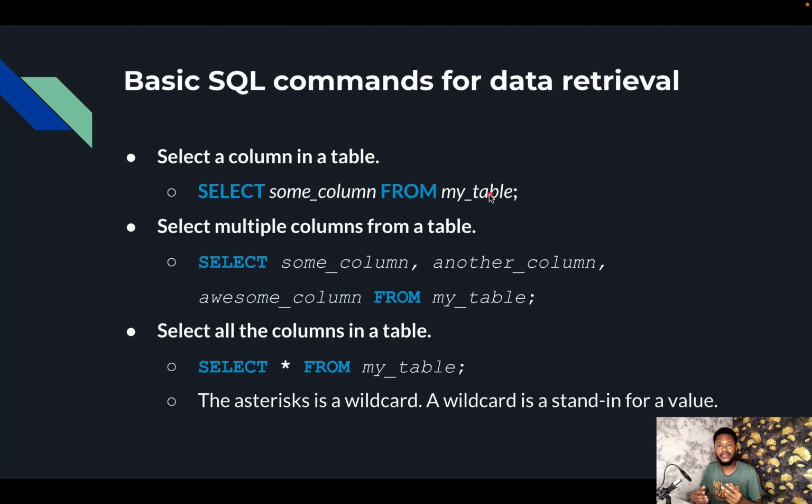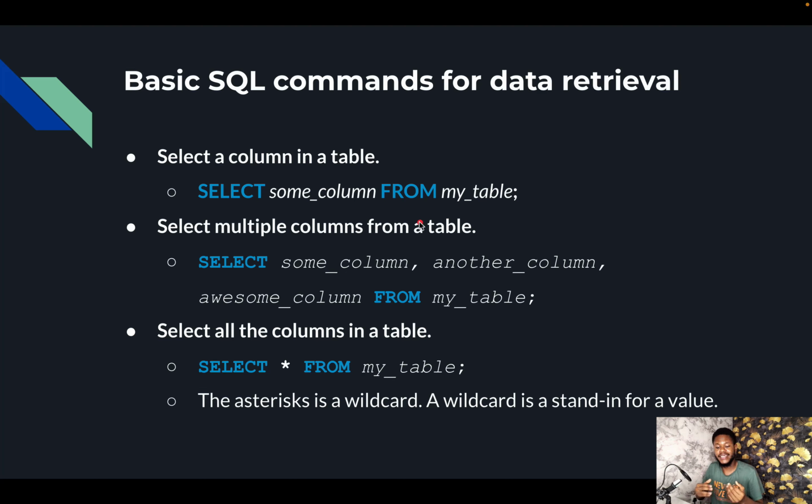Remember, you can have multiple tables in a database, so you have to be specific and tell your database, please, I would like you to select the names column from my students table. Just picture it like you're talking to your database. That's one thing that will help you learn this faster.